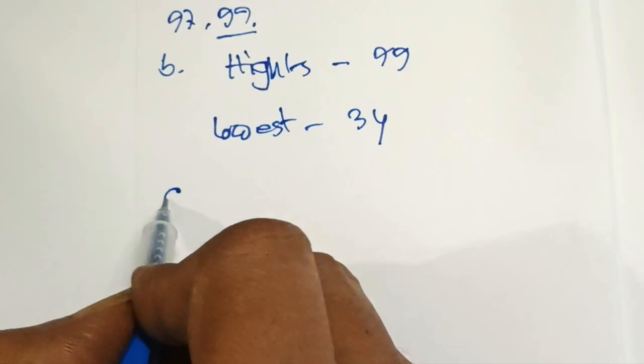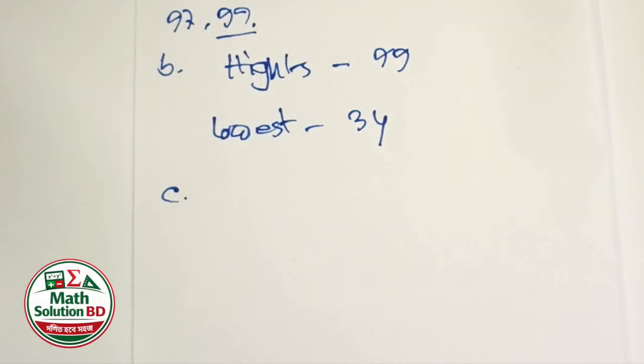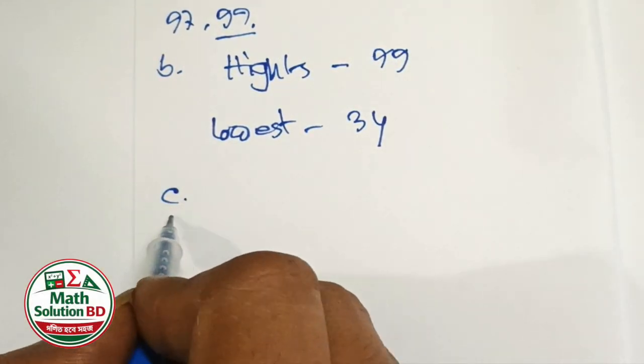Number C, let us make a table with a class interval of 10 for this data. They say class interval 10.